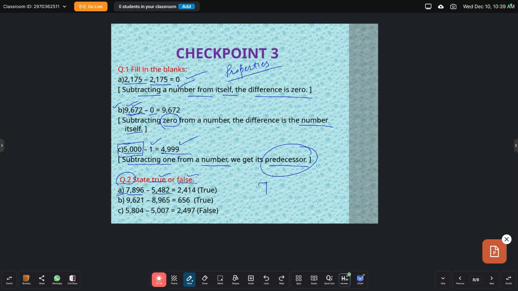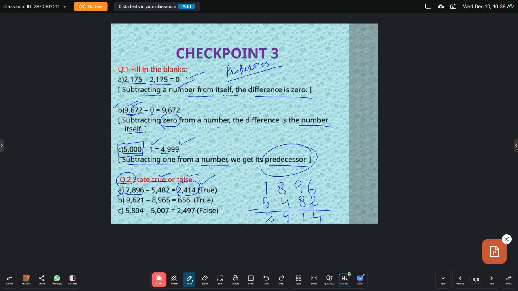Look here, 7,896 minus 5,482. Let us solve it roughly here. 6 minus 2 is 4. 9 minus 8 is 1. 8 minus 4 is 4. 7 minus 5 is 2. What is the answer? 2,414.